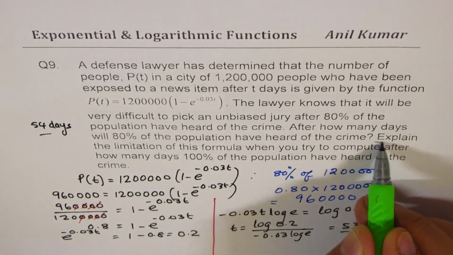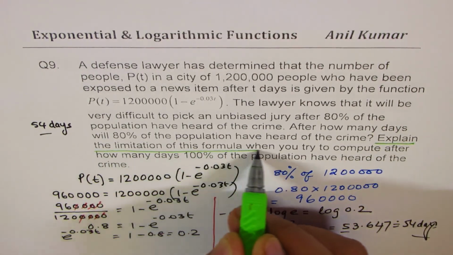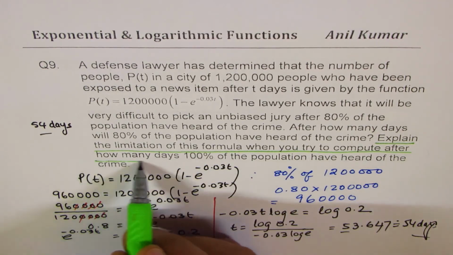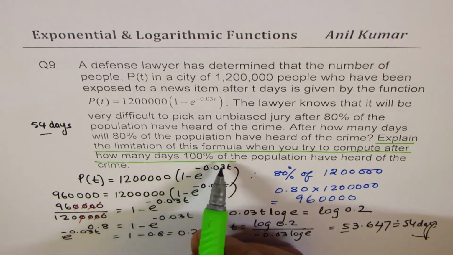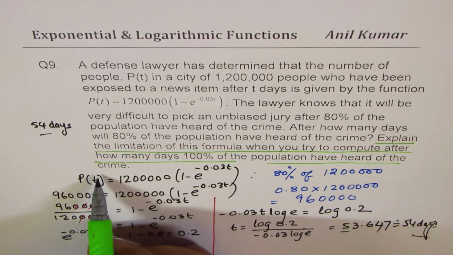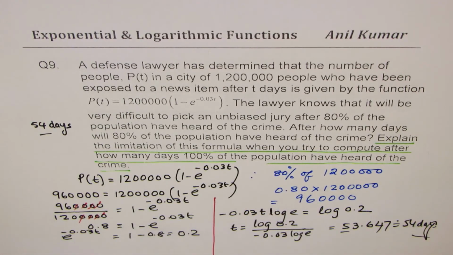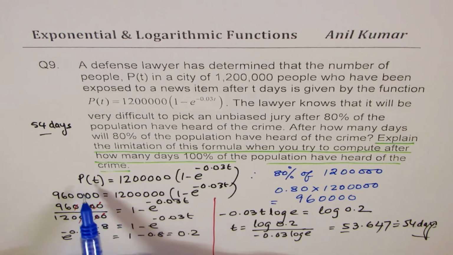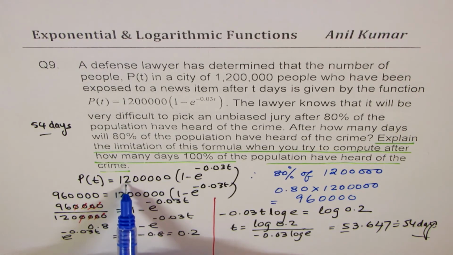Explain the limitations of this formula when you try to compute how many days 100% of the population have heard the crime. So now let's look into 100%. If I am looking for 100%, P(t) is 1.2 million.